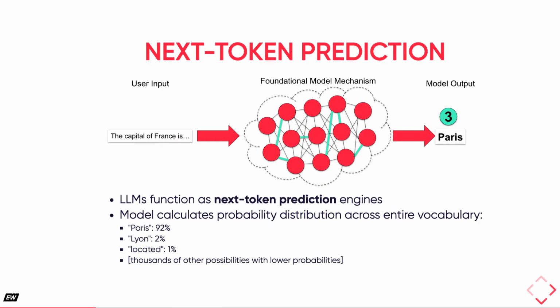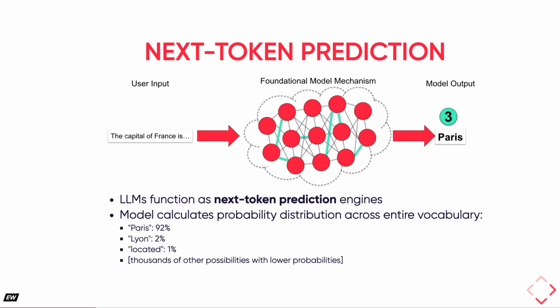At their fundamental level, LLMs operate as next token prediction engines. When given an input sequence, such as "the capital of France is," the model doesn't know the answer directly. Instead, it calculates a probability distribution across its entire vocabulary for what the very next token is most likely to be.